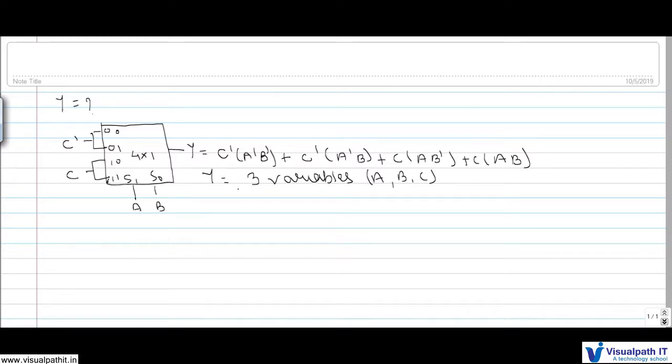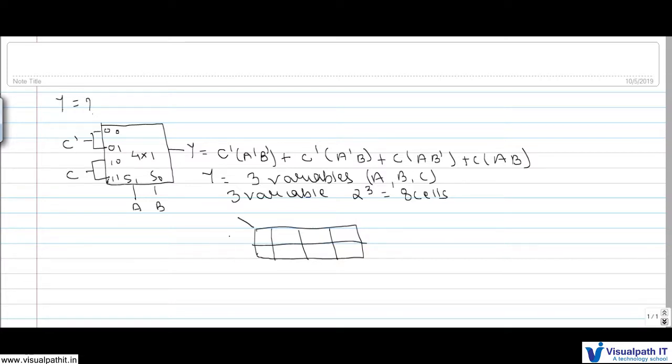Because it has 3 variables, I will have a K-map of 2 to the power 3 cells, that is 8 cells, right?